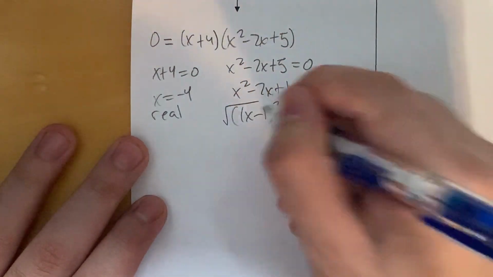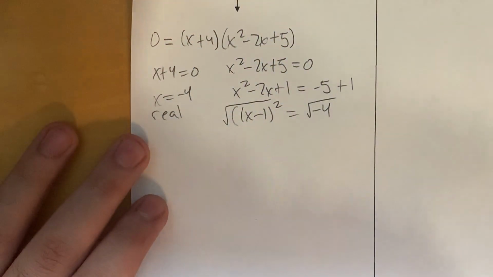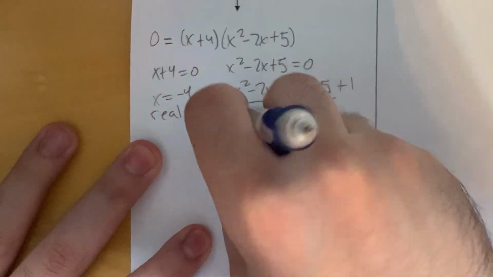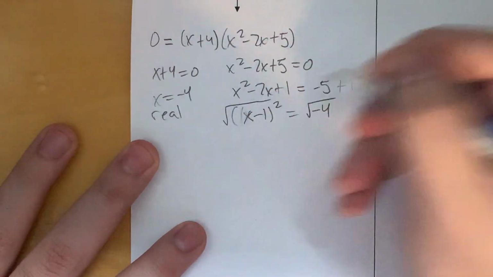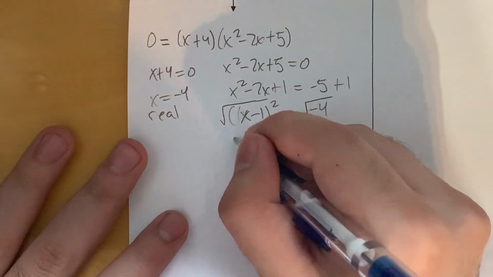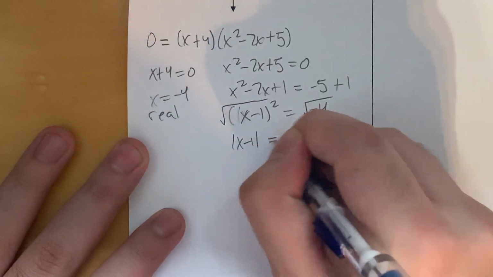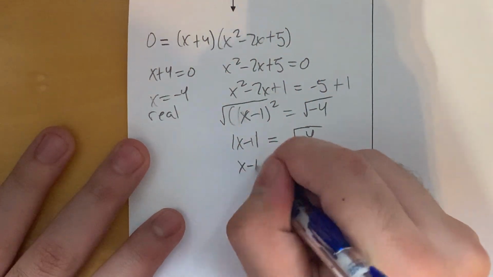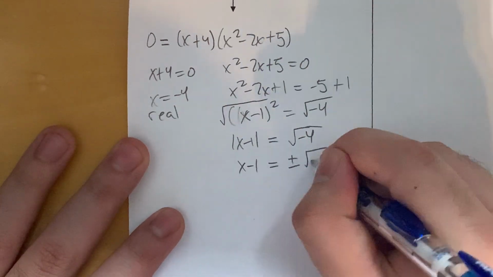Then I'm going to square root both sides. And you can tell where this is going already. When I square root both sides, I'm going to get the absolute value of x minus 1 equals square root of negative 4. To get rid of the absolute value, x minus 1 equals plus or minus square root of negative 4.